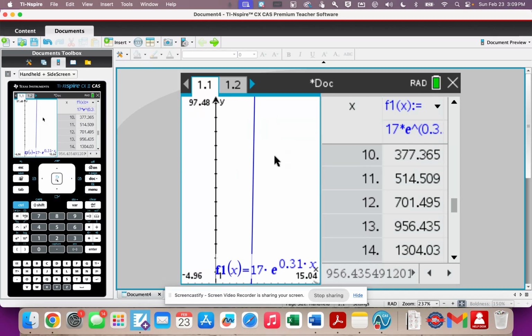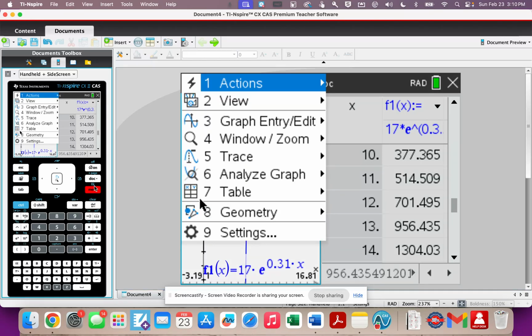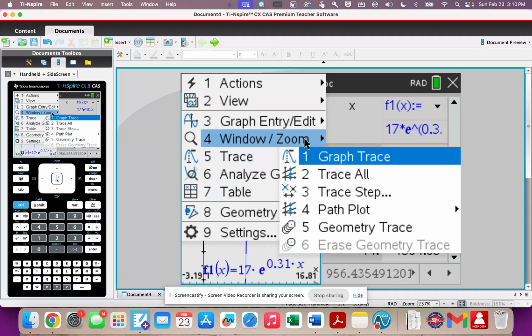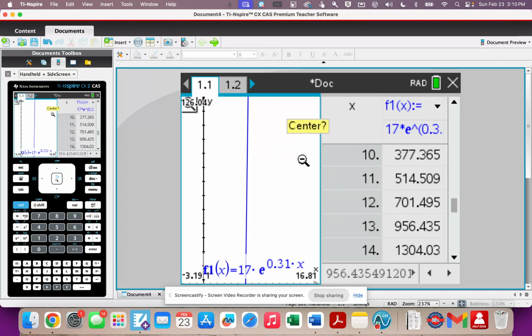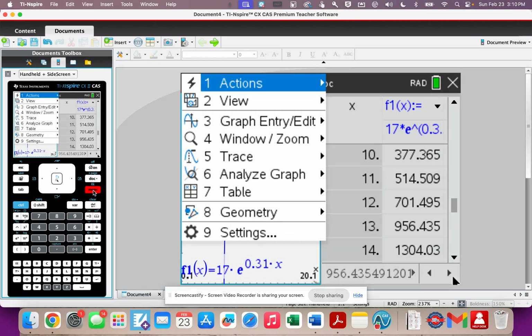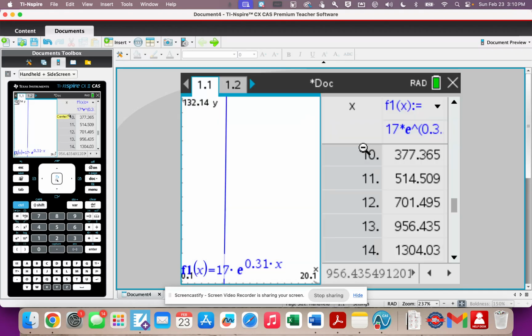Should be another function on there. See, I haven't gotten high enough yet. It's only at 120. All right, so menu. Nope. Oh, zoom. That's not what I wanted. Menu. Let's try that again. Zoom. Out.